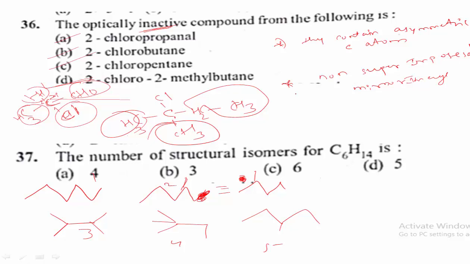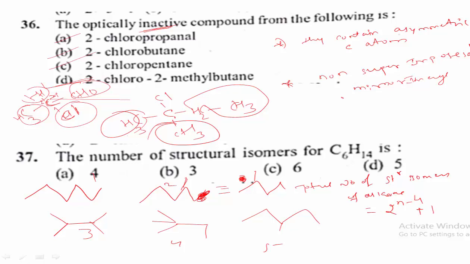alkanes. Is that okay? The total number of structural isomers of alkanes is calculated by the formula 2 to the power of n minus 4, plus 1.